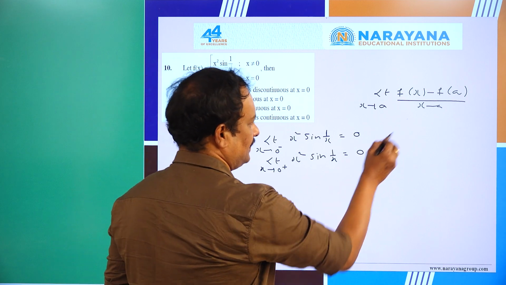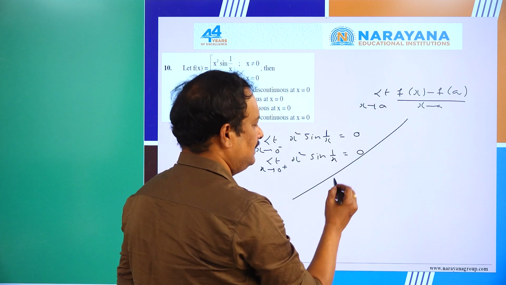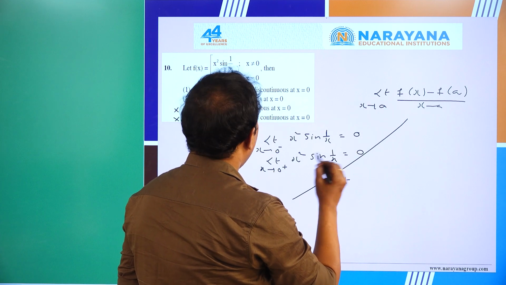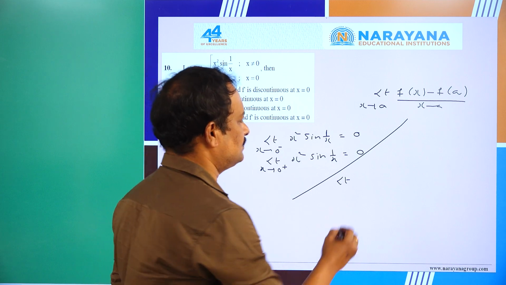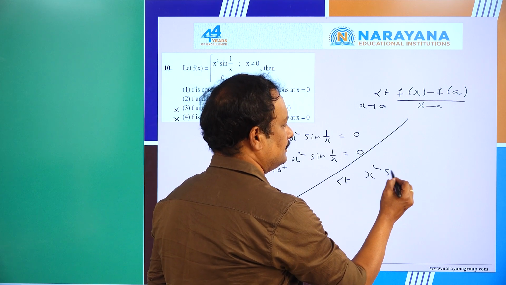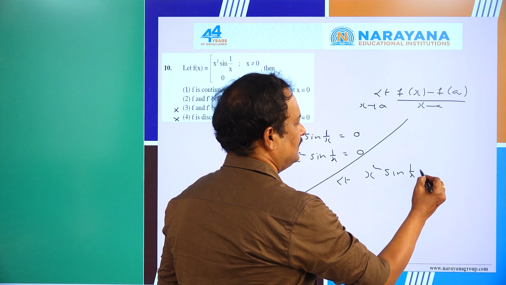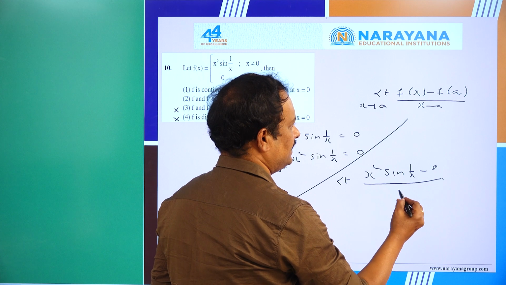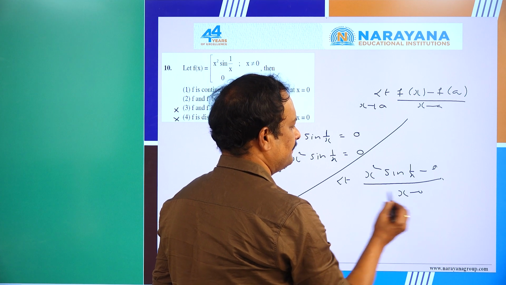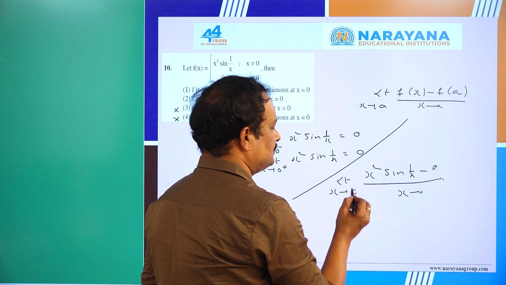So if you go for this definition, limit of f of x as x tends to 0 from the right or left, it doesn't matter, the same function we are supposed to take. So x square into sine 1 by x, minus f of 0, which was given as 0 there, whole divided by x minus 0. Limit of this as x tends to 0.